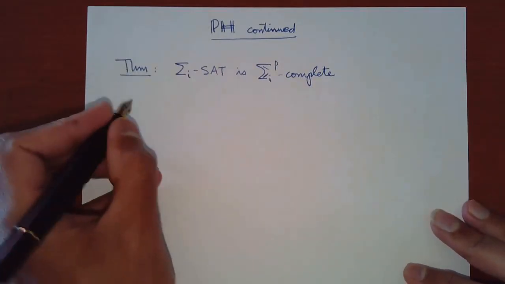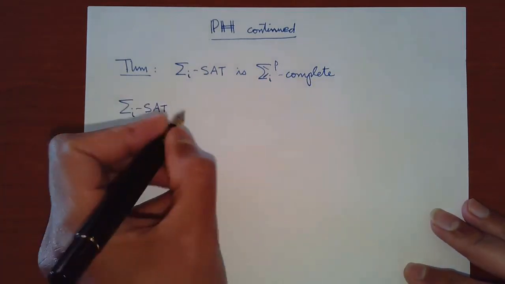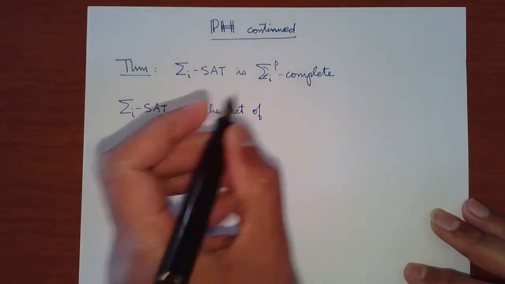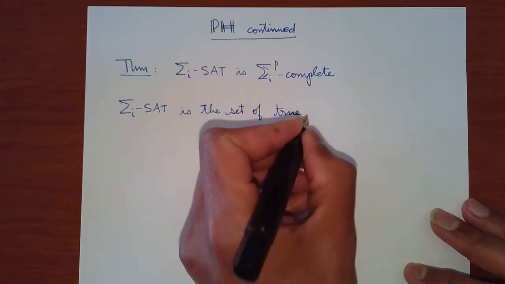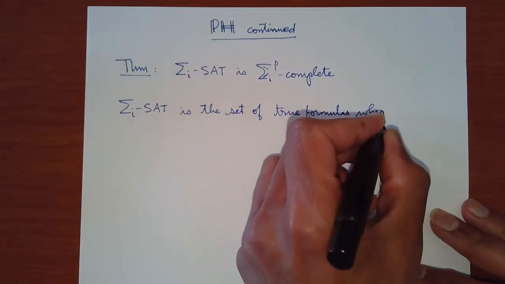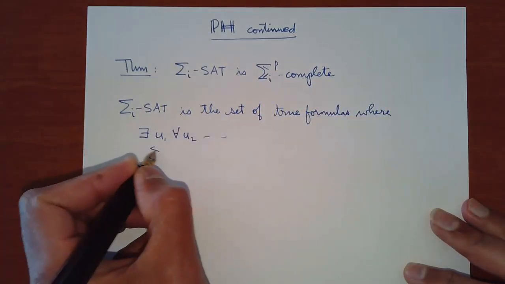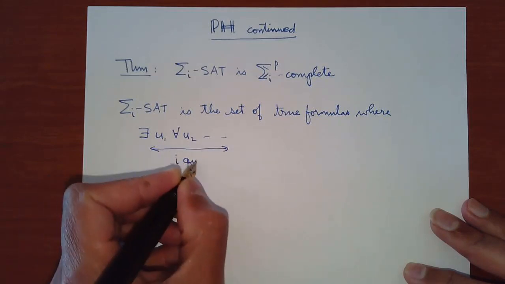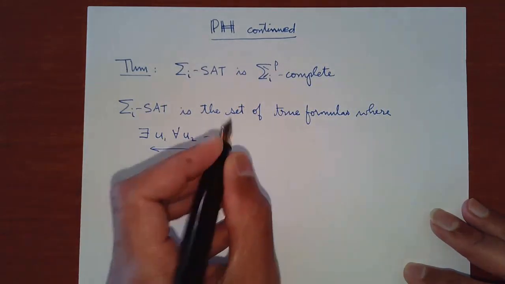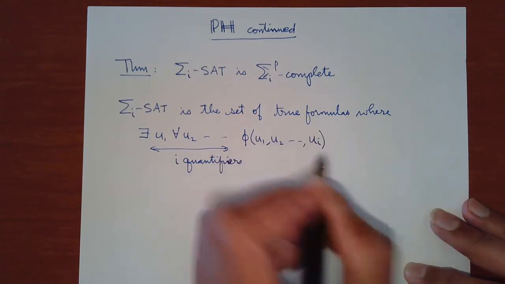And recall, Sigma_i SAT is the set of true formulas where there exists a U1 such that for all U2, with i quantifiers, of phi(U1, U2, up to Ui).